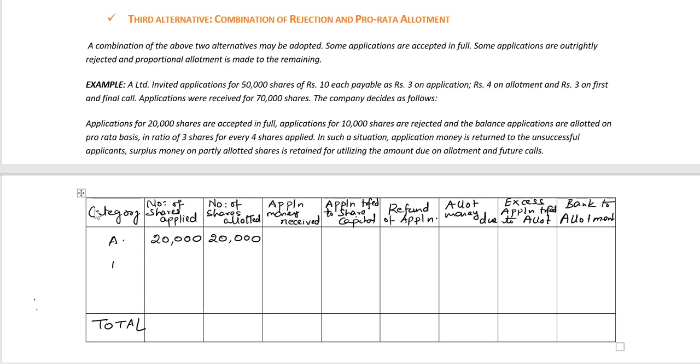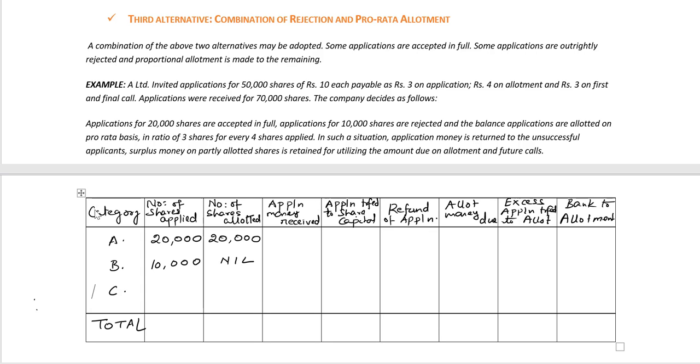Let's go to the second category, B. Applications for 10,000 shares are rejected. So under number of shares applied, I will write 10,000 shares and number of shares allotted is nil because all these shares are rejected. And balance applications are allotted on pro-rata basis. So that is the answer for category C.